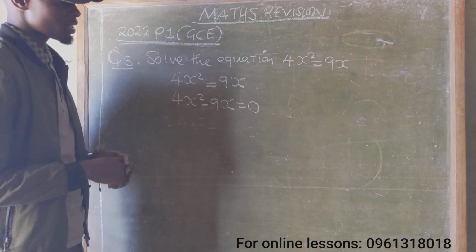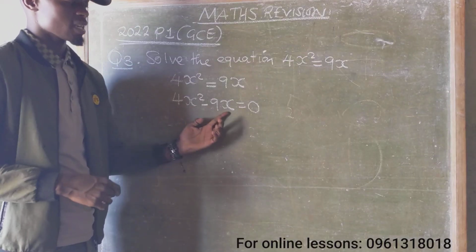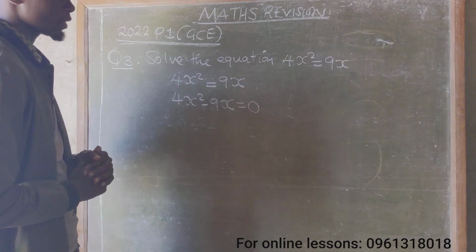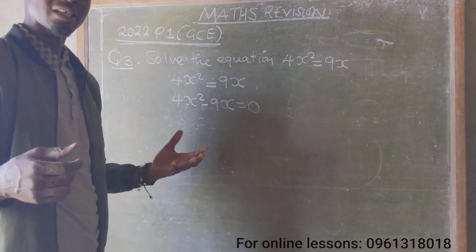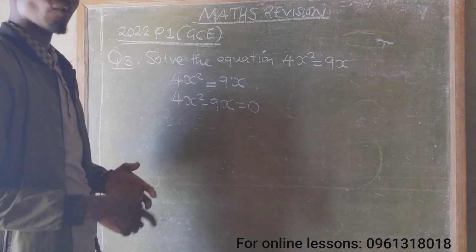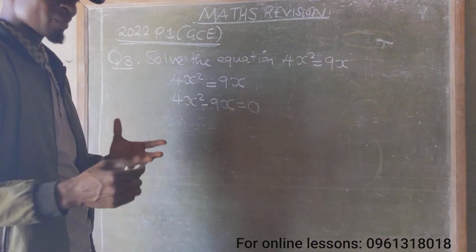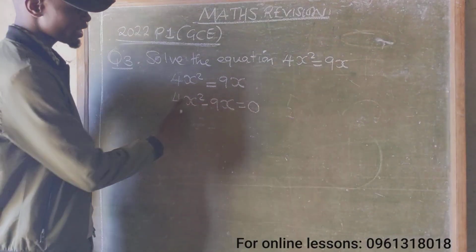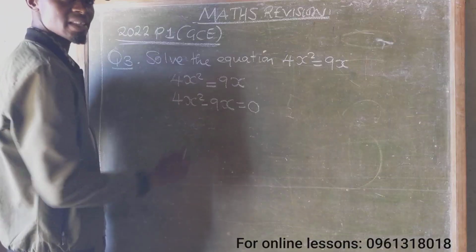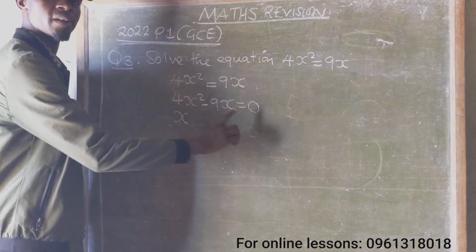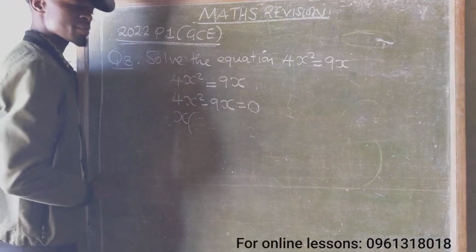Since you can see there's x there, factorize, find the common factors. Common factors are those factors which can be used to factorize. When we say common, meaning it is found everywhere. Here x is here and x is there. So we say our common factor is x, since it is found everywhere, and then open bracket.